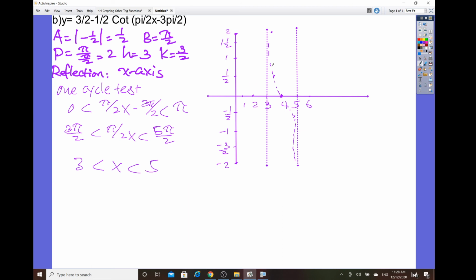That would be 1 right here. And then over here, 0 plus 3/2, so 1.5. So this one would just shift the graph all the way up by 3/2 units. So this one again, and now the parent graph, so let's just use that blue right here. Still considered dotted. It's not the final graph yet.